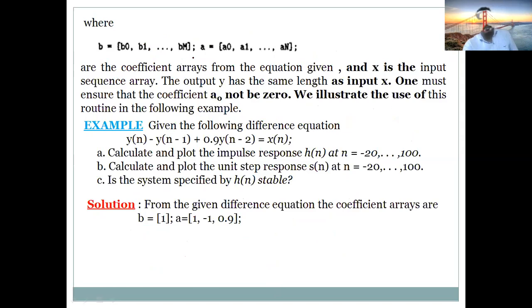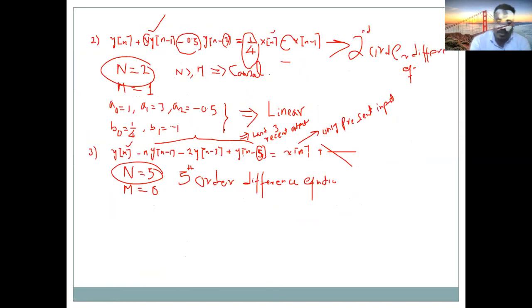For analog systems, if you see a system with only 1 resistor and 1 capacitor, RC. Output, let's say y of t, input x of t.